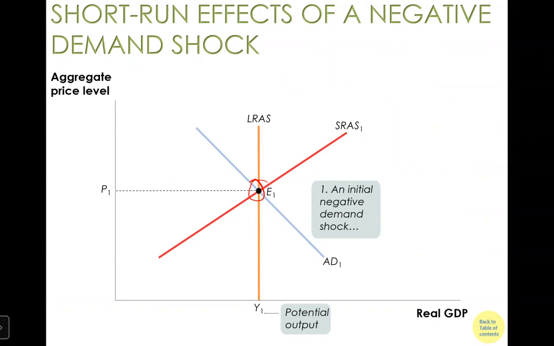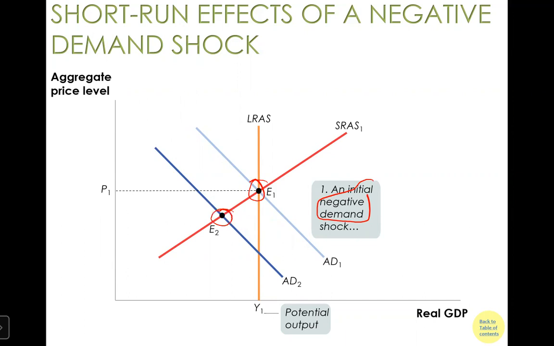Now, consider a negative demand shock. Again, what is a negative demand shock? COVID-19 hits, so you don't want to go out shopping, and then the aggregate demand will decline. So now in the short run, or immediately, what happens?